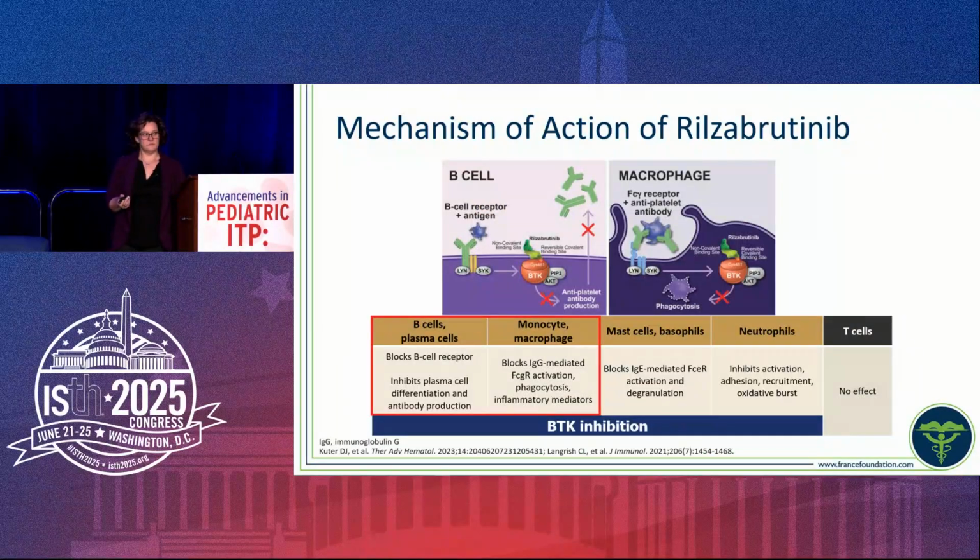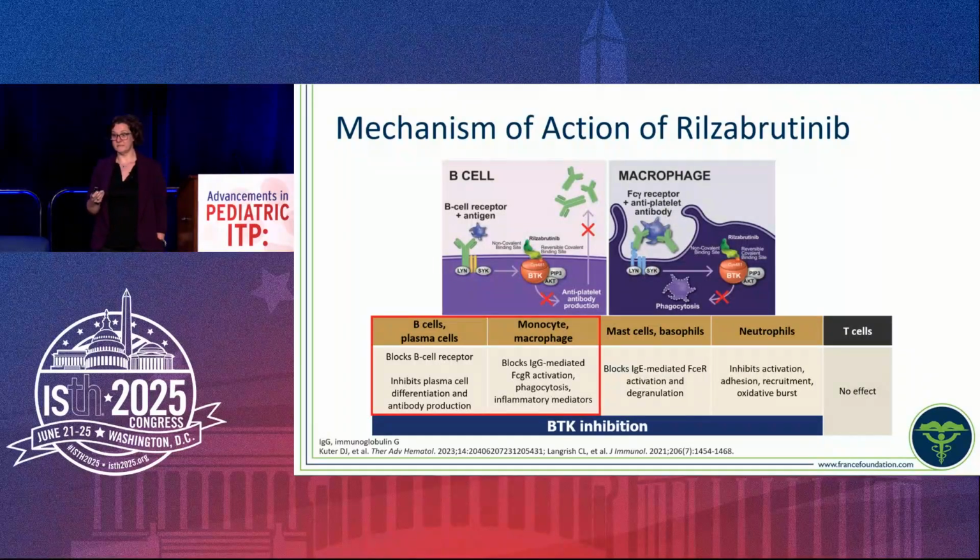So next is rilzabrutinib, and rilzabrutinib is a BTK inhibitor, or a Bruton's tyrosine kinase inhibitor. It has multiple postulated mechanisms of action in ITP, and the reason that we're not entirely sure exactly what it's doing is because it can affect multiple different immune cells, and the time to response was surprisingly fast for a drug that was initially postulated to reduce antibody production.